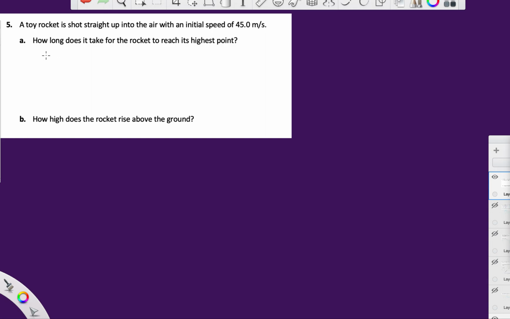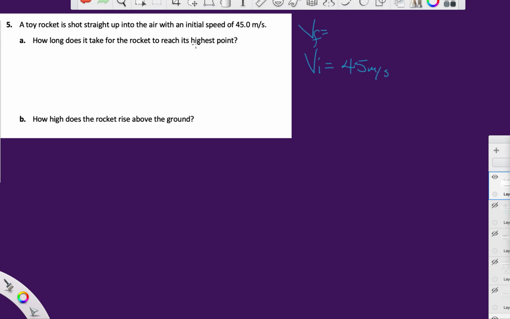Great. So we said, and I quote, we have an initial velocity, right? Our initial speed is 45 meters a second.